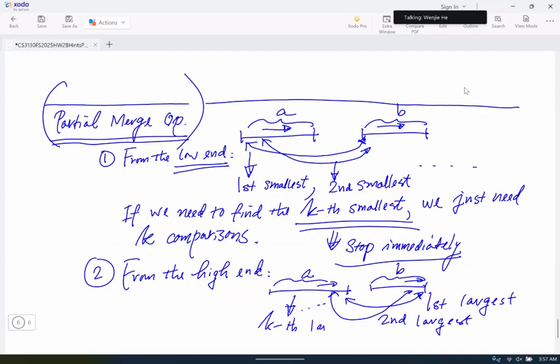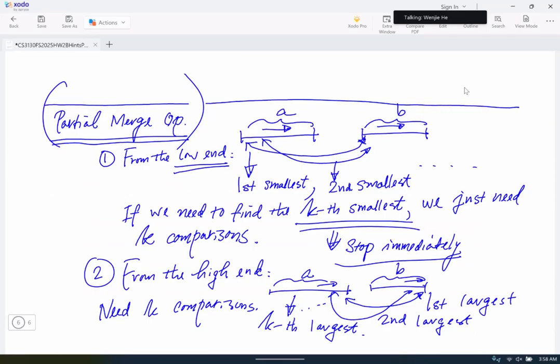We need k comparisons for the kth largest. Then you're done. We stop immediately. So that's the modified merge operation, the partial merge operation.